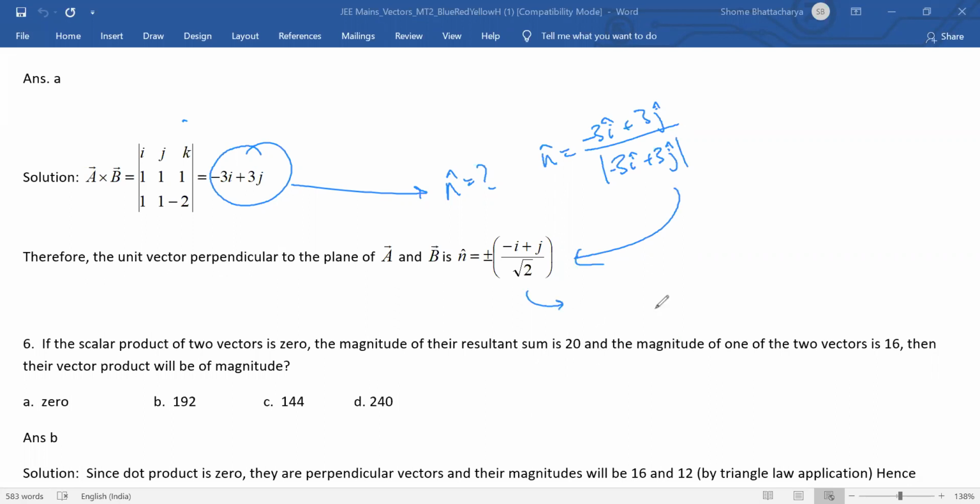So now your vector C will be plus or minus of 3 n cap. This is clear, Ansh? Okay, good.